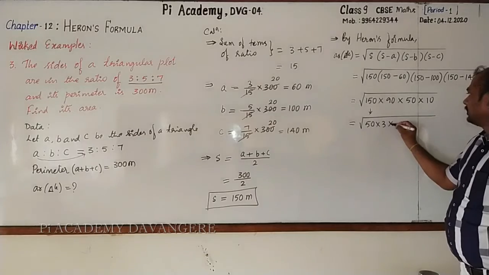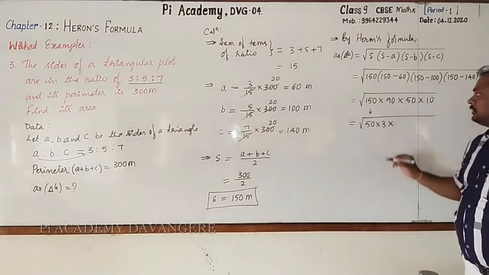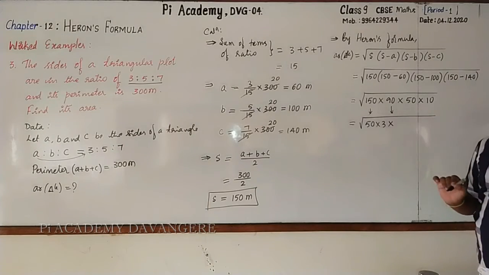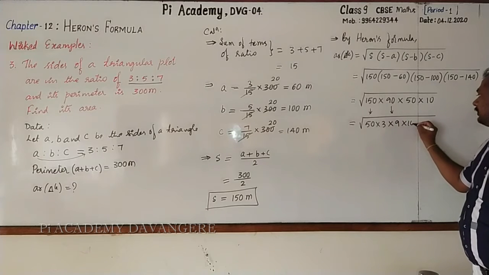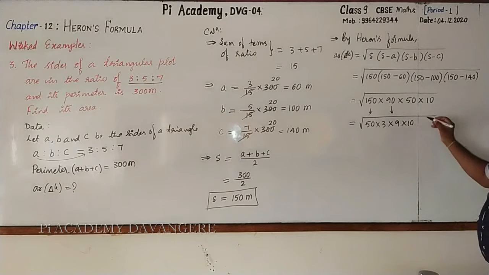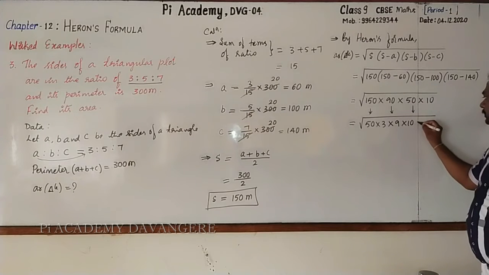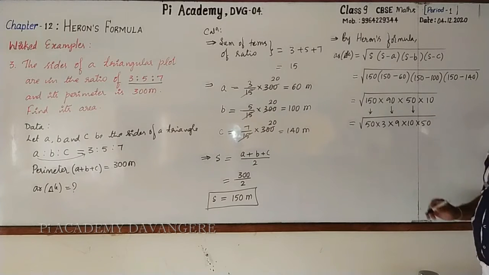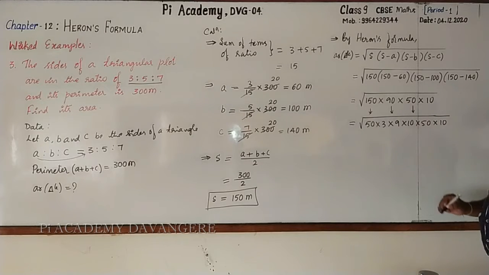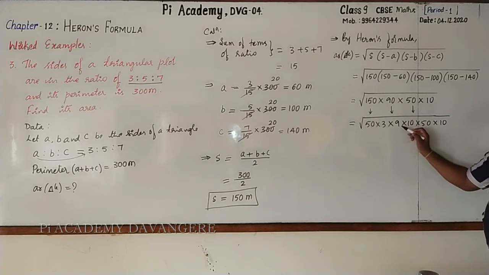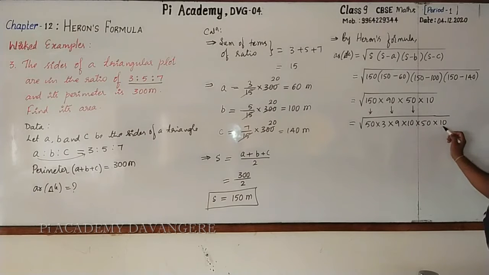Next, what about 90? In 90, 9 is a perfect square, right? We can write it as 9 into 10. Nine tens are 90. 50, let me write this 50 as it is, into 10 as it is, because 50 is repeated 2 times. Next, 10 is repeated 2 times.